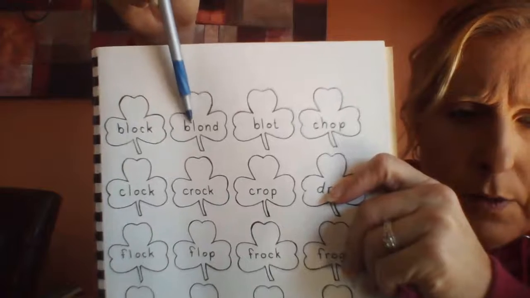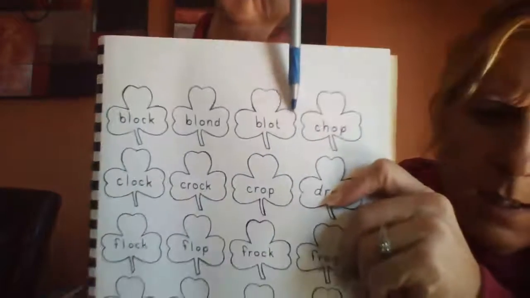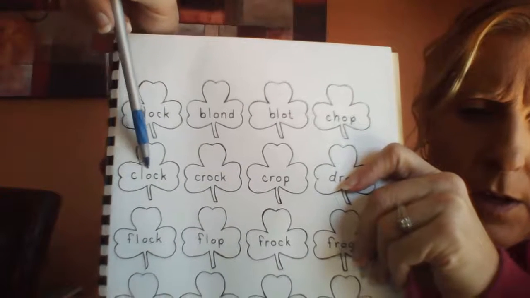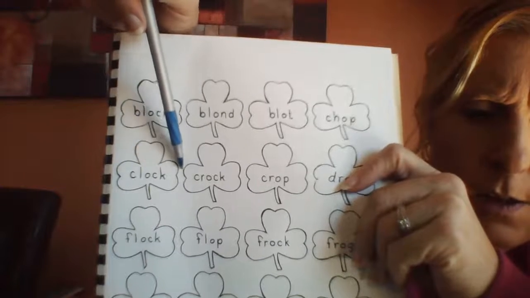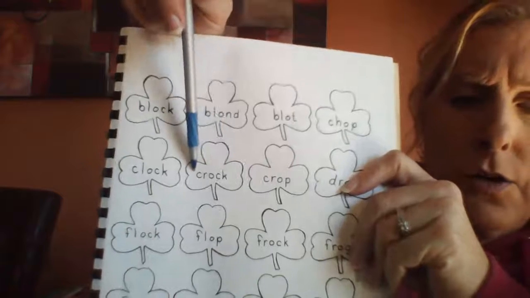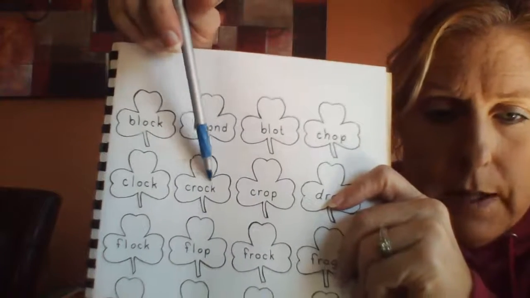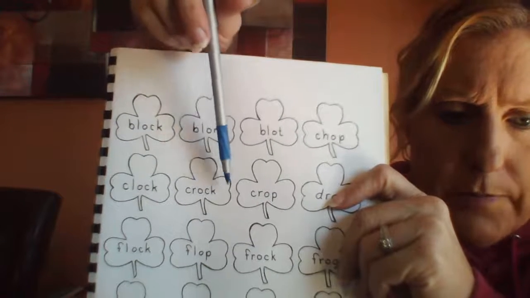Let's read that real fast. Block, blonde, blot, chop. Let's go to this one. K-o-ok, clock. K-er-ok, crock. It's kind of like a crock pot. What your parents might cook food in that takes a long time to make is a crock.